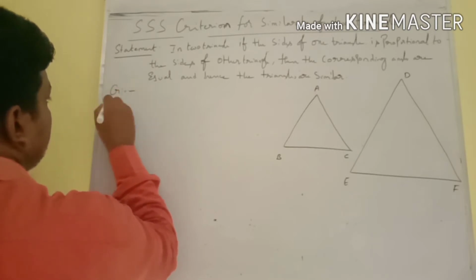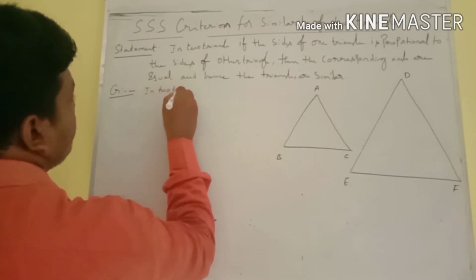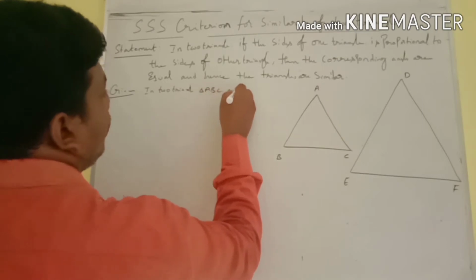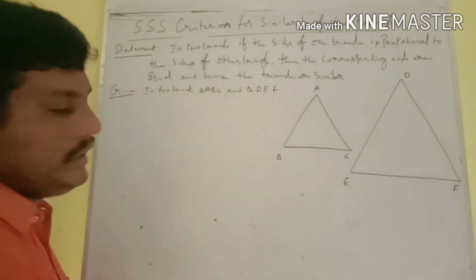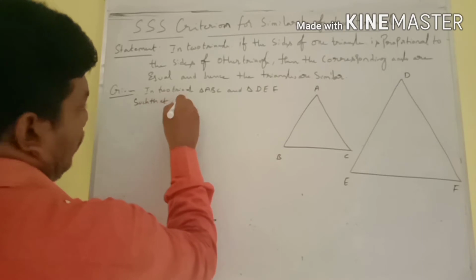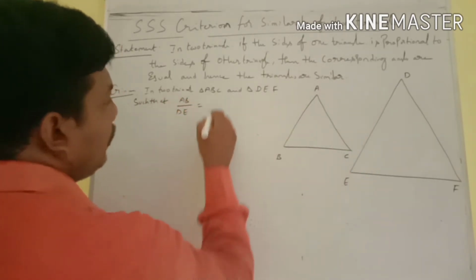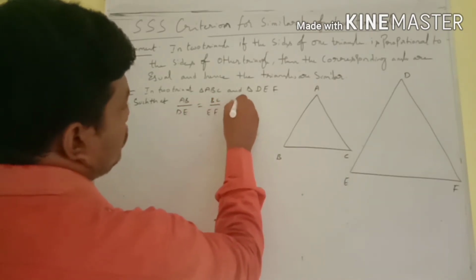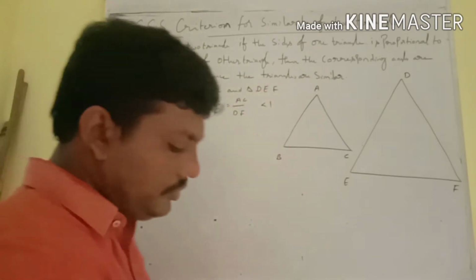Given: in two triangles, triangle ABC and triangle DEF, such that AB by DE is equal to BC by EF, which is equal to AC by DF, and that should be less than 1.